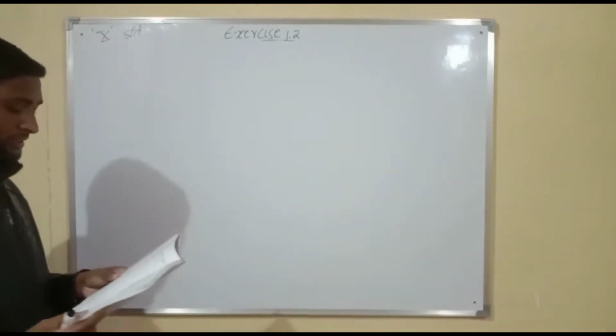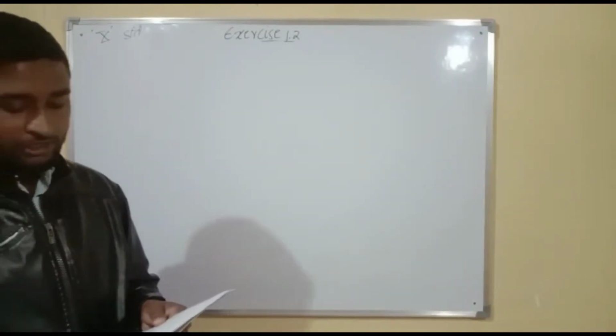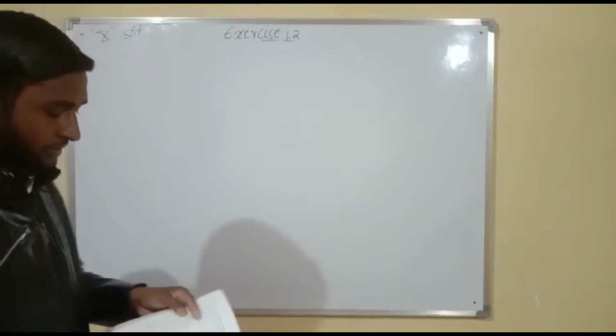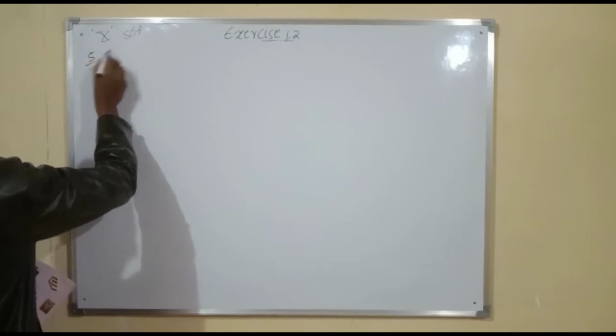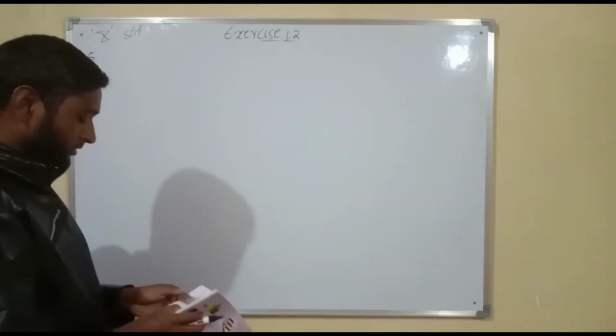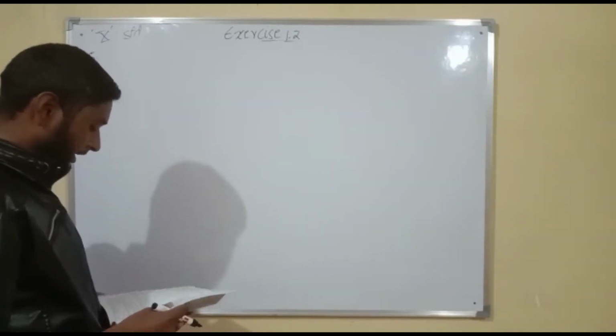The question is: find the number of terms in each of the following APs. Look at the fifth main, the second one.